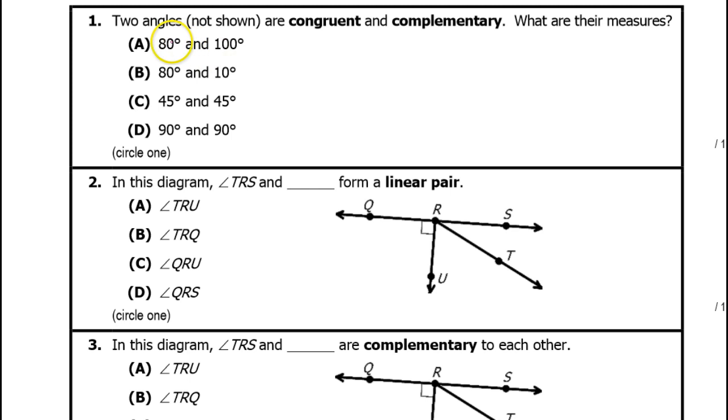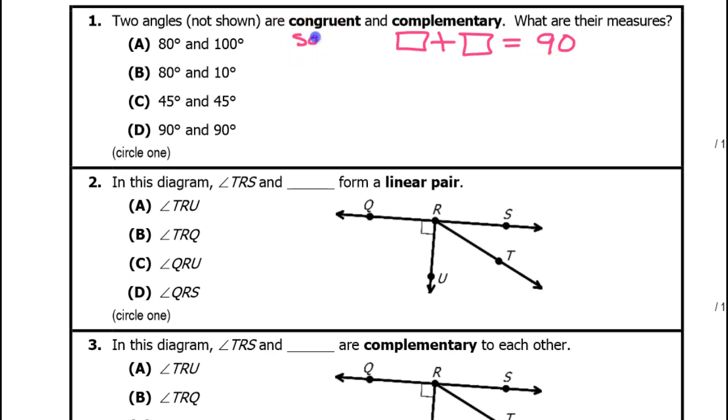For problem number 1, we have two angles that are congruent and also complementary. What are their measures? Alright, so complementary means that they have to add up to 90. So we have to have something plus something that equals 90. But they also have to be congruent.